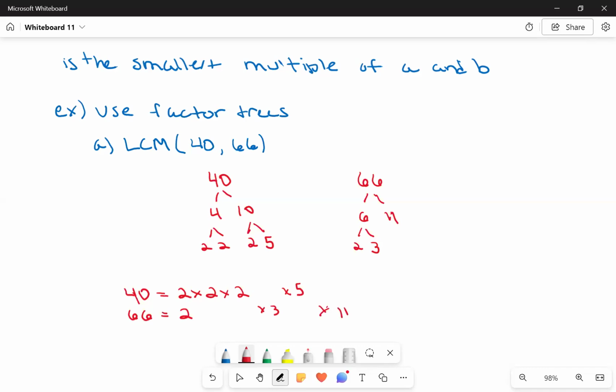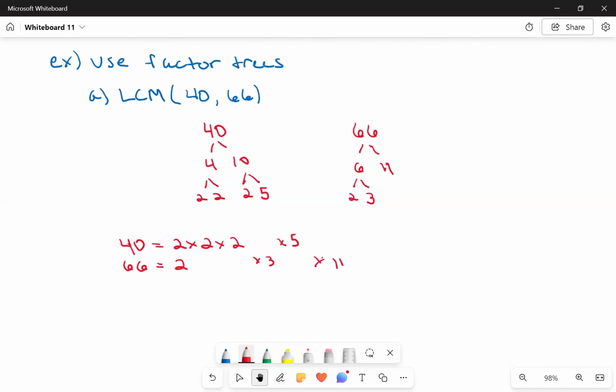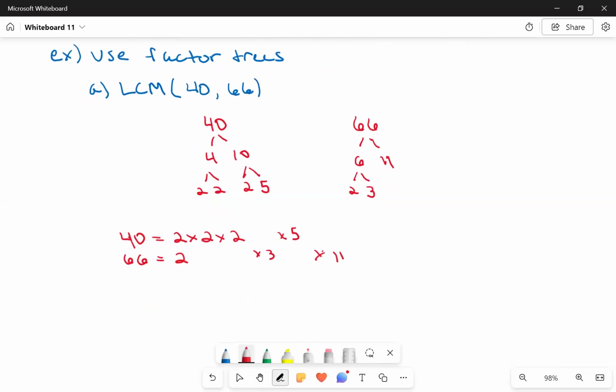Okay, now here's what's different for the LCM. For the LCM, we don't write what's in common now. We actually line them up and bring everything down into the LCM. So for this one, we're going to have 2 for the first column, 2 times 2, and another 2. So basically, everything is coming down this time. Every column is coming down.